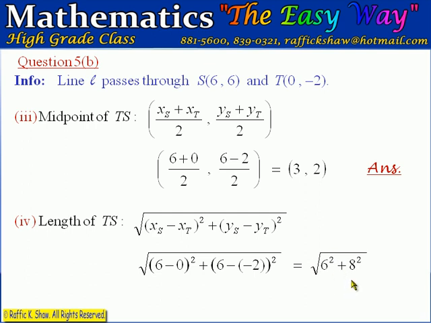Square root of 100 is 10. And so the length of the line TS is 10 units. And that's the answer for question 5B part 4. And that's the end of question 5. And we'll do question 6 later in our next video.